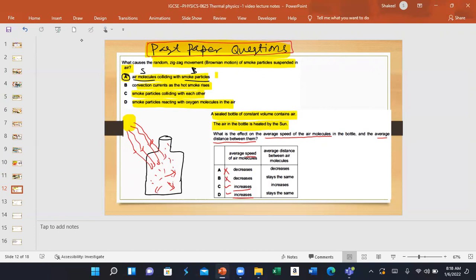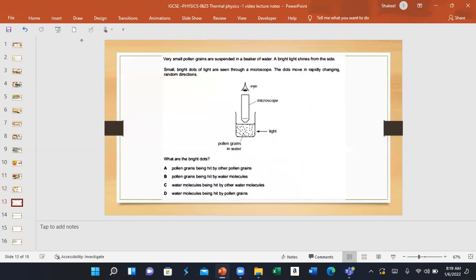As they are inside the bottle and the volume is constant, it is going to stay the same, because the air cannot leave the bottle. That's why the average separation between the molecules will remain the same. If the bottle expanded, or the air were leaving the bottle, then the separation would increase.